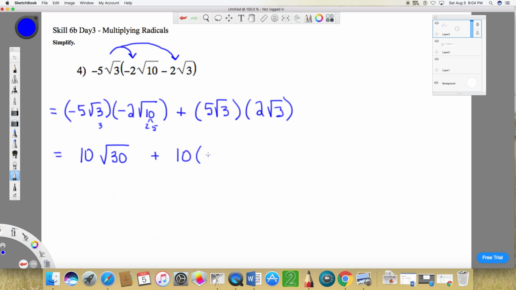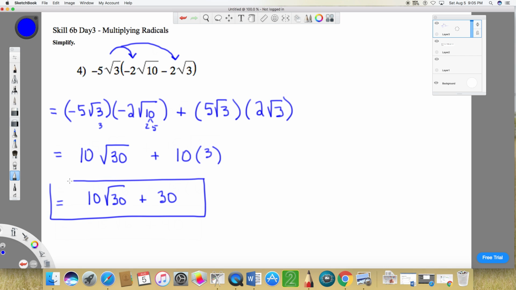And now you probably recognize that, hey, the square root of 3 times the square root of 3 is just 3, because I have a pair, and that's what square roots are doing, looking for pairs. So this first term is 10 times the square root of 30, and 10 times 3 is 30. Those are unlike terms, and we cannot combine them, and this is our final answer.